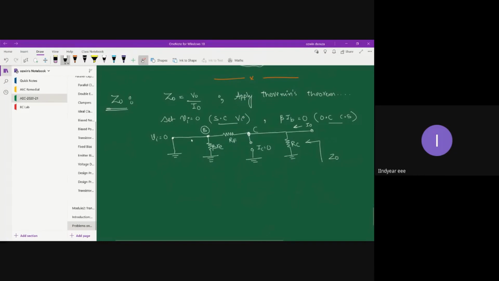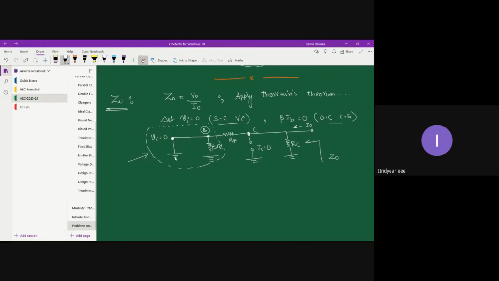So this is what the equivalent circuit looks like. Now we have to observe certain happenings in the circuit. If you look at this particular connection, you observe that across beta RE you have a short circuit. That's because this node is connected to base, and the same node is connected to ground.